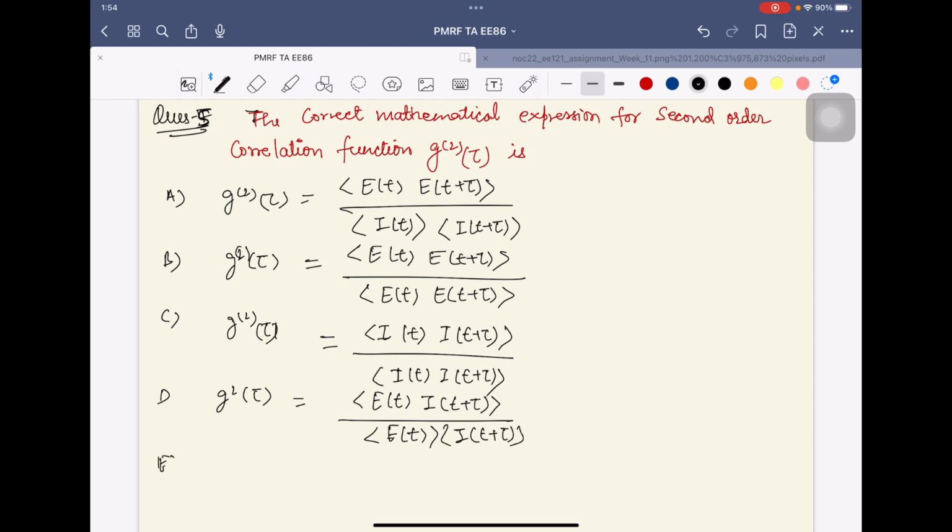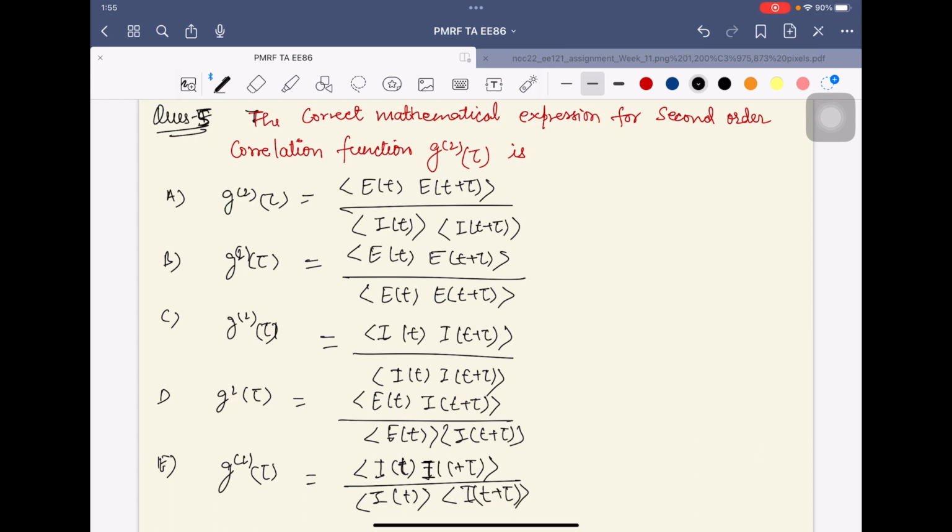And the fifth, g2(tau) is equal to I(t) and I(t plus tau) divided by I(t) plus tau. So which one will be the correct answer is the question.